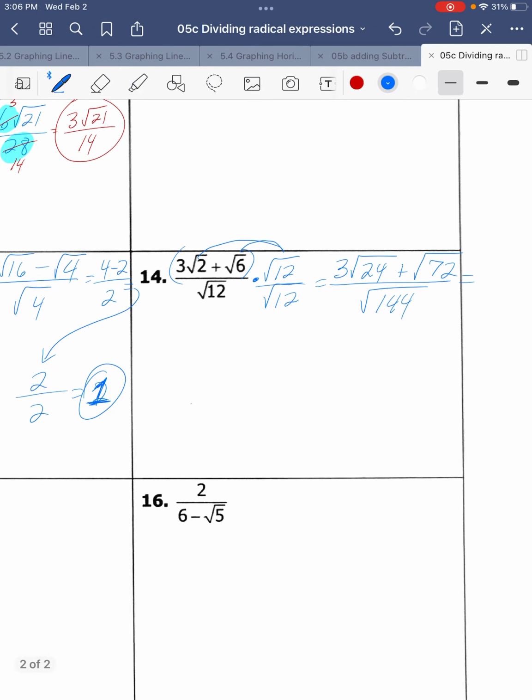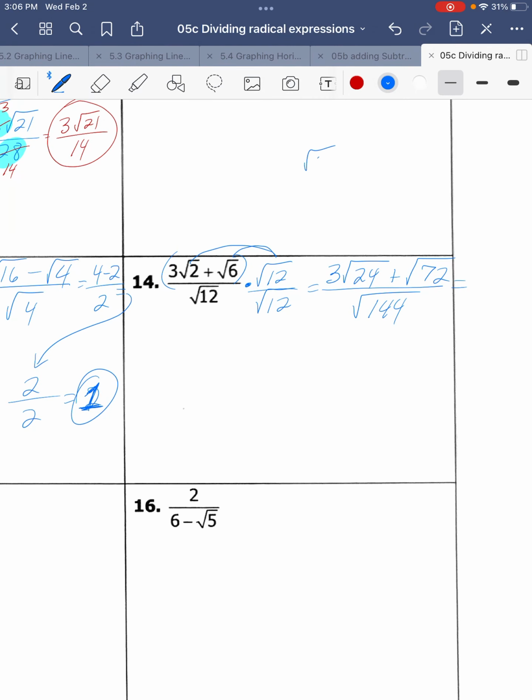Looking at what we can simplify, look at the square root of 24, break that down. 4 and 6. There's your perfect square, so this is going to end up being 2 square root of 6. You can break it down further, but it's going to be 2 square root of 6.